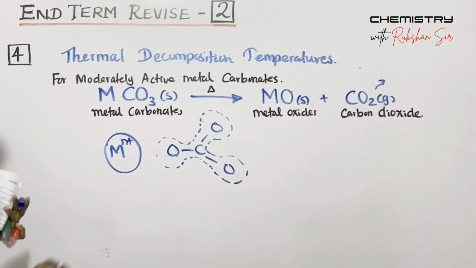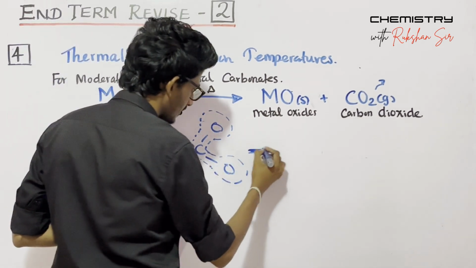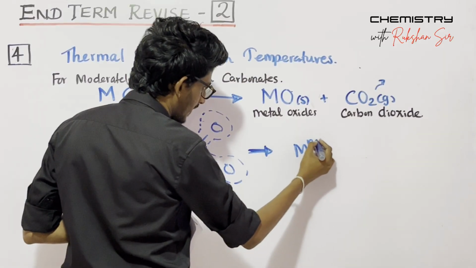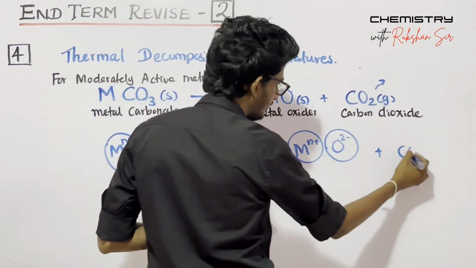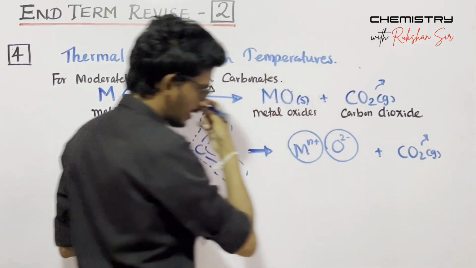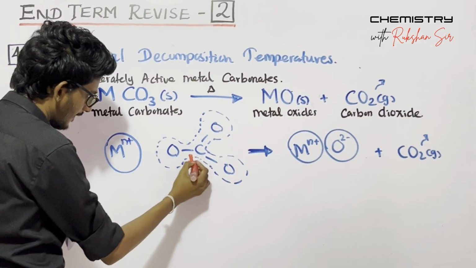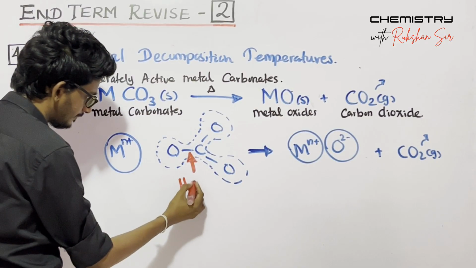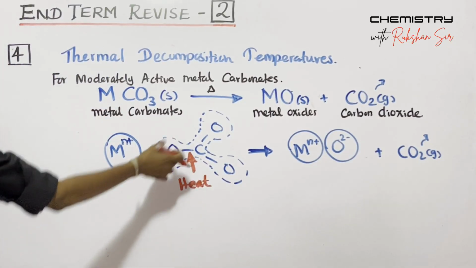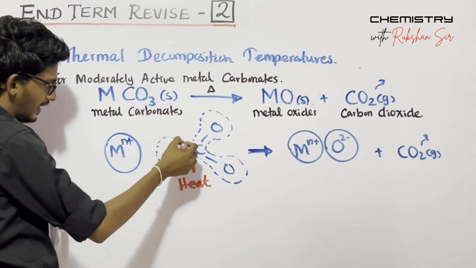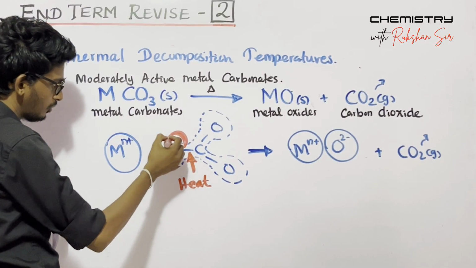When heat is provided, you produce the metal oxide and CO2. That means the provided heat is absorbed by this point, and this bond breaks by giving all the electrons towards oxygen to produce the O2 minus.